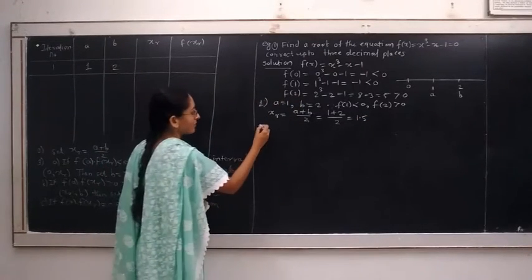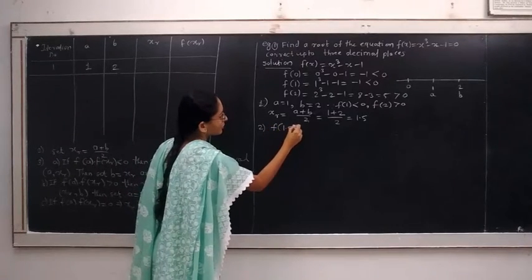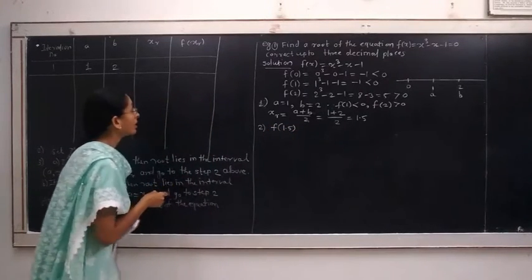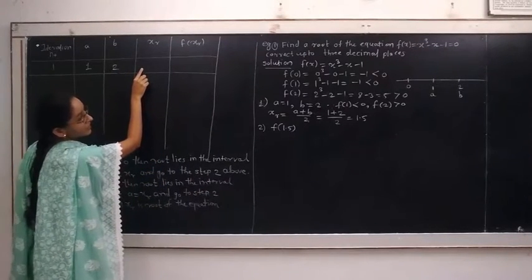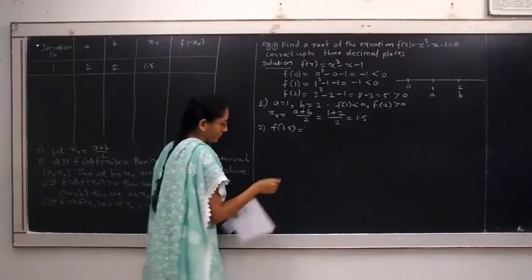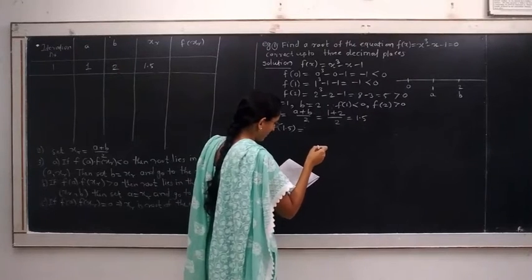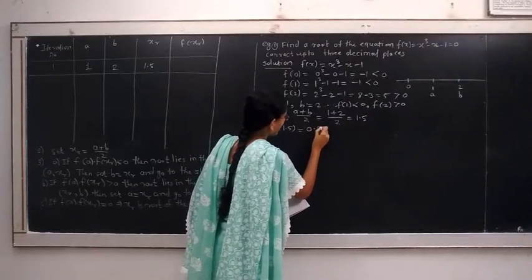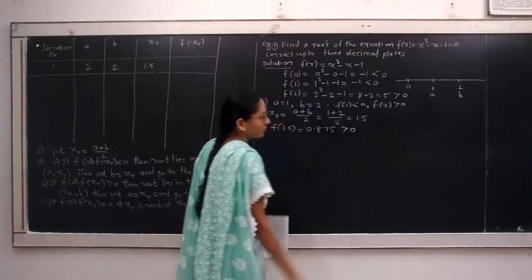Now in second step, we check the sign of f of 1.5. In the first iteration, we get the value of xr as 1.5. F of 1.5 value is 0.875. This value is greater than 0.